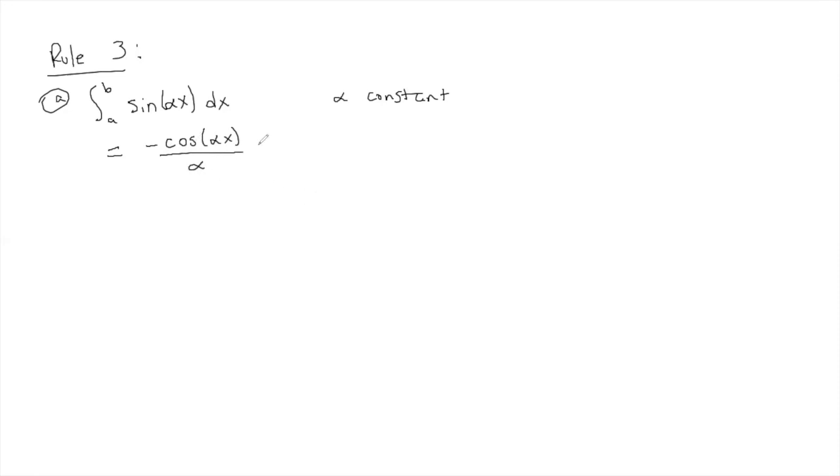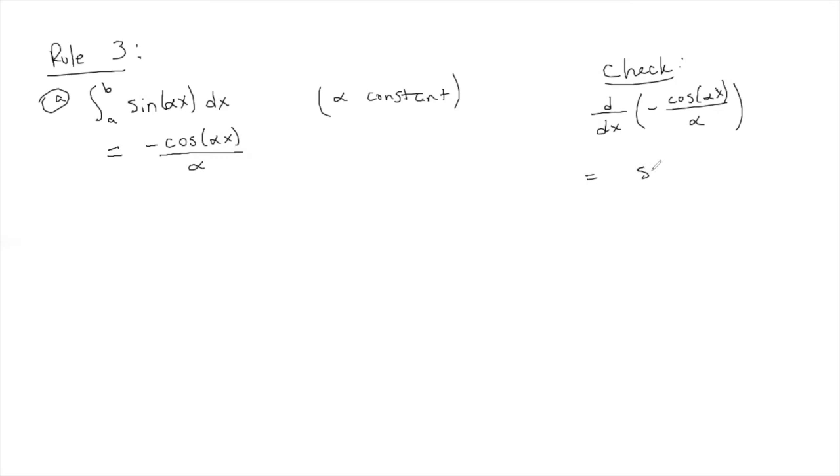So how do we make sense of this? Well, let's check. The derivative with respect to x of the negative cosine of alpha x over alpha. Okay. So remember that the derivative of negative cosine is sine. That makes sense, right?